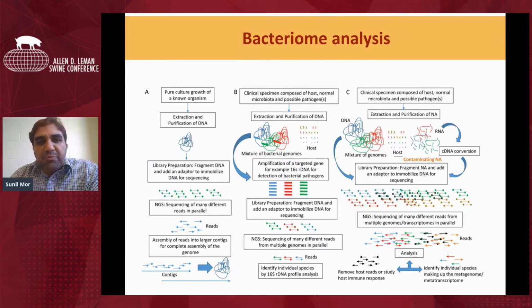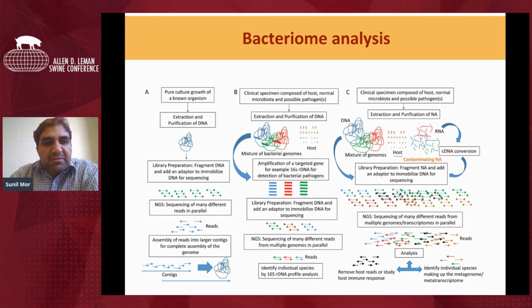Just to touch on the two most common things here: doing NGS for bacterial identification is called bacteriome analysis. The most common and easy to use approach is when we have a pure culture, so we know what type of bacterial colony we are going to amplify by whole genome sequencing.